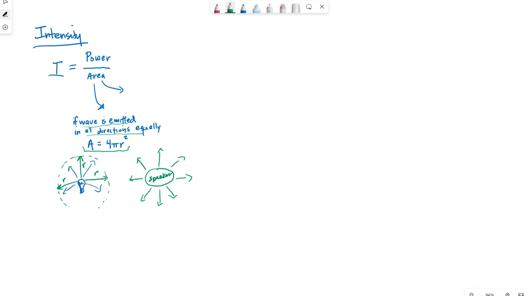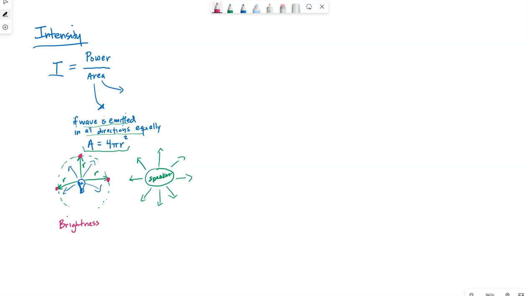And so the area in our intensity equation would be the surface area of a sphere. And that just means if I'm the same distance from the source, I'm going to observe the same intensity. With light, the intensity is directly relating to the brightness that we see of the light.